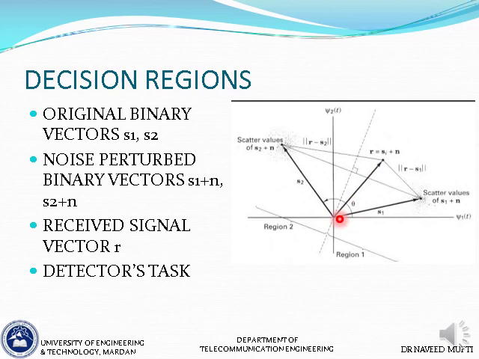As you can see in the figure, what we have are the decision regions. A line has been drawn connecting the tips of the prototype vectors S1 and S2. Then we construct the perpendicular bisector of the connecting line.